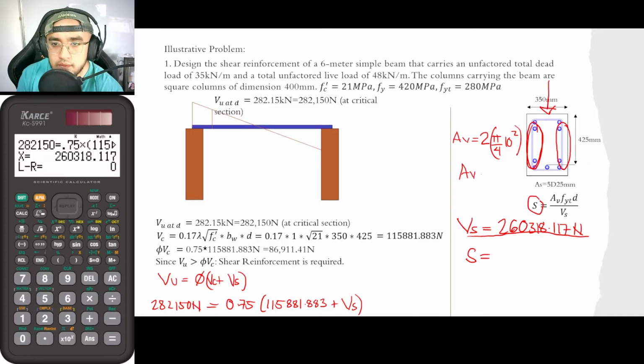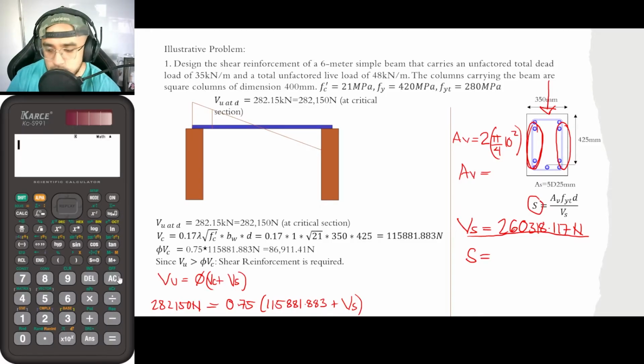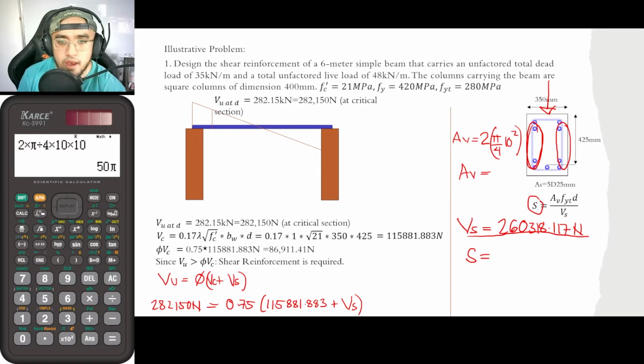Looking at the calculator, 2 times pi over 4 times 10 squared. That is now 50 pi. So 50 pi.